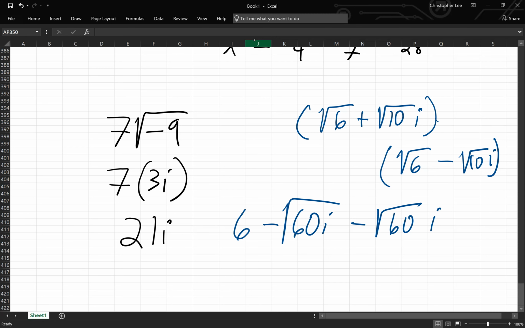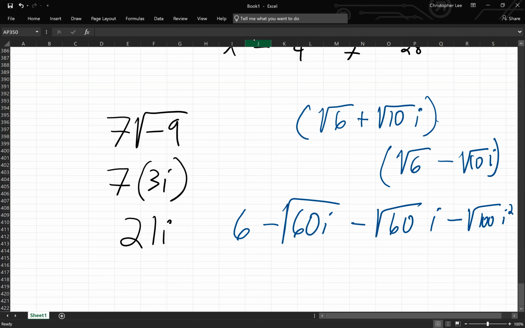And then negative square root 100 i squared. Like that. Right?